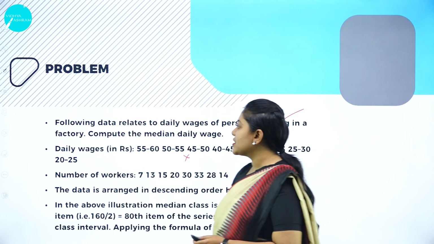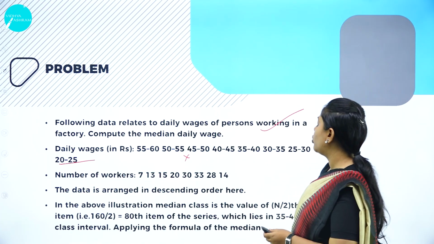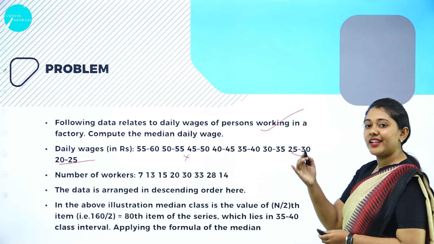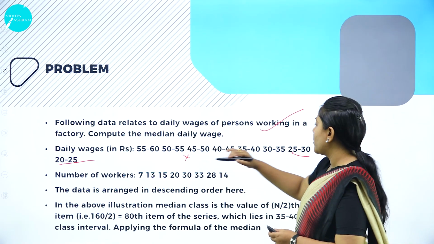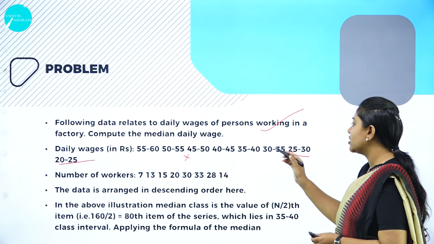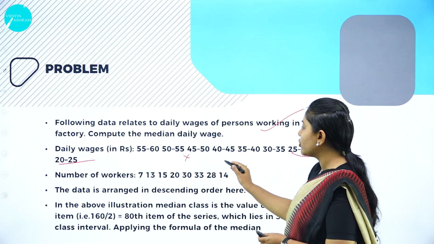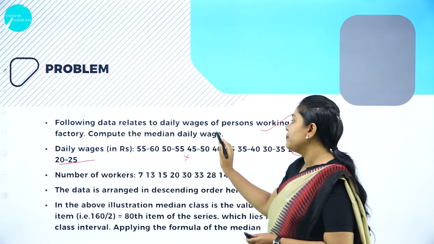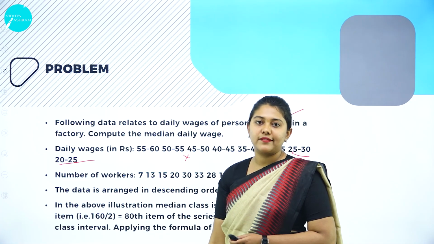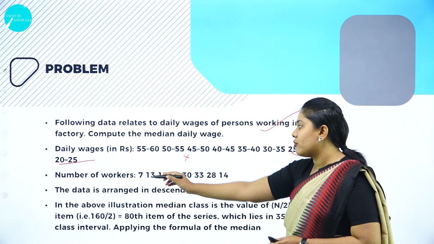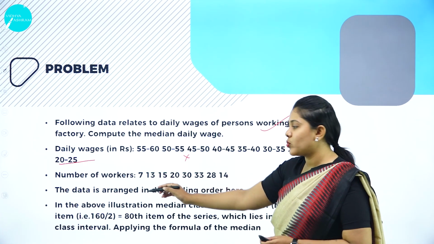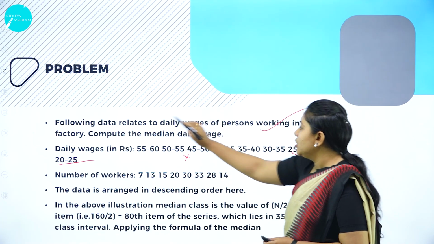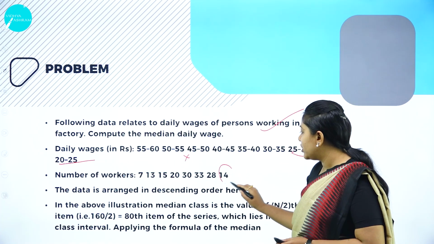So, what number starts first? 20 to 25, 25 to 30, it has been given in the opposite order. So 20 to 25, 25 to 30, 30 to 35, 35 to 40, 40 to 45, 45 to 50, 50 to 55, 55 to 60. And what are the numbers of workers? For 20 to 25, 14 workers.